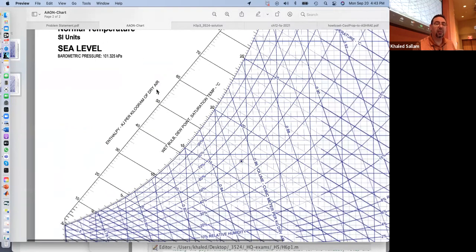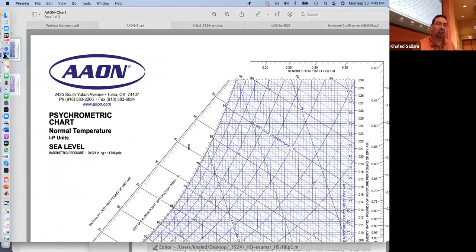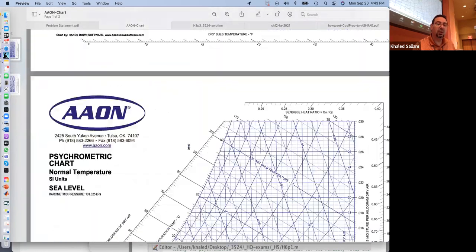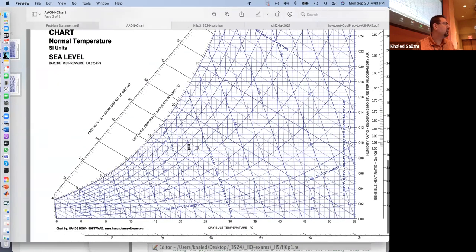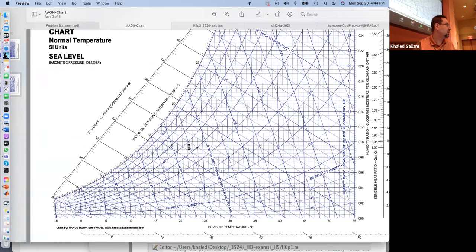So I think I posted 2 psychrometric charts for you, one in English unit and one in SI. Is that the case? Can anyone click on the psychrometric chart and make sure we have 2 pages there? We have 2 pages, right? Good. Because you're gonna use the SI one in the quiz today, so it's good that you have access to that.